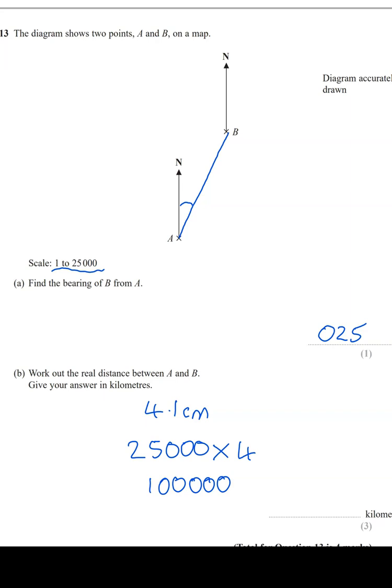And we need it in kilometers. So, first thing we need to do, if we put it into meters, so it will be 1,000 meters because I've divided by 100, and there are 1,000 meters in a kilometer. So 1 kilometer will be your answer for that one. Okay, so do your measurement and then times by 25,000. Okay, because of the scale.